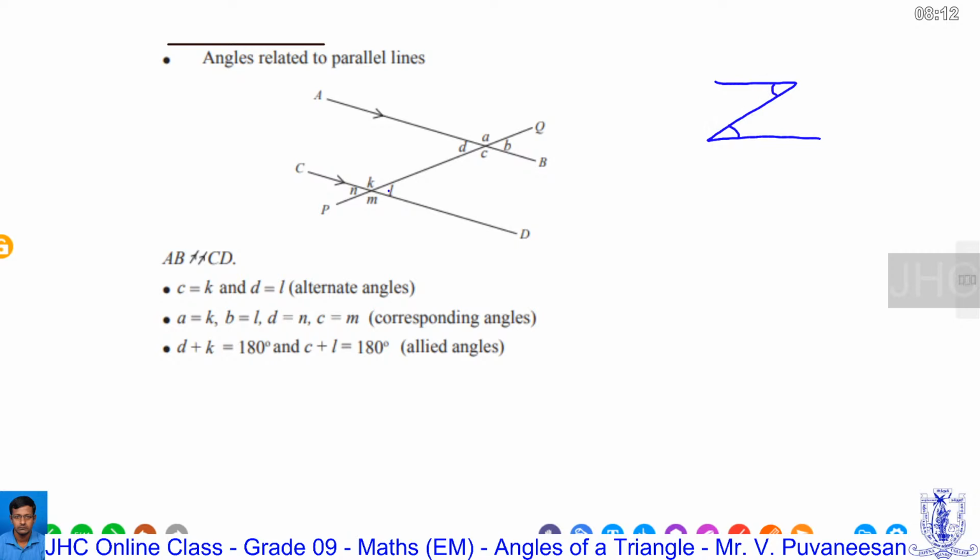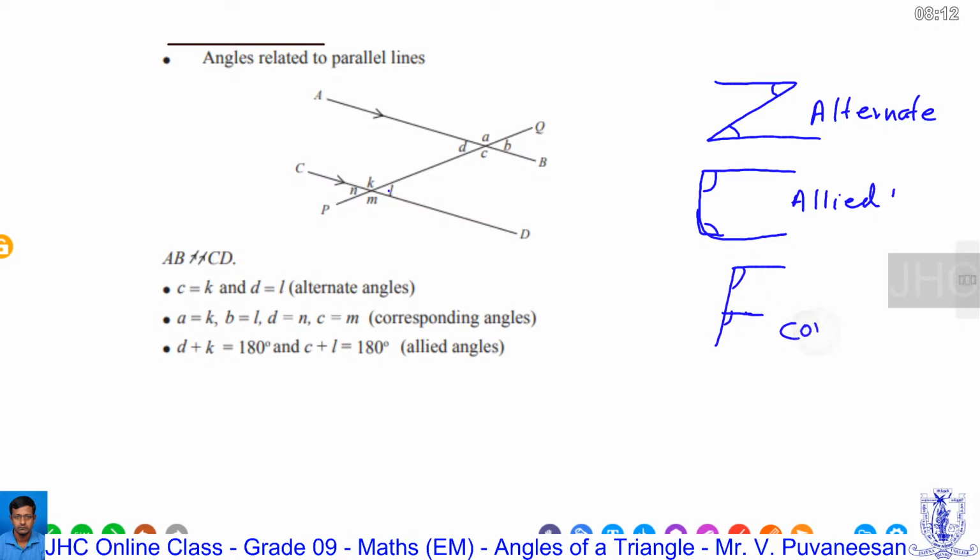These two angles, alternate angles, are in a Z shape. Allied angles are in a C shape, and corresponding angles are in an F shape.